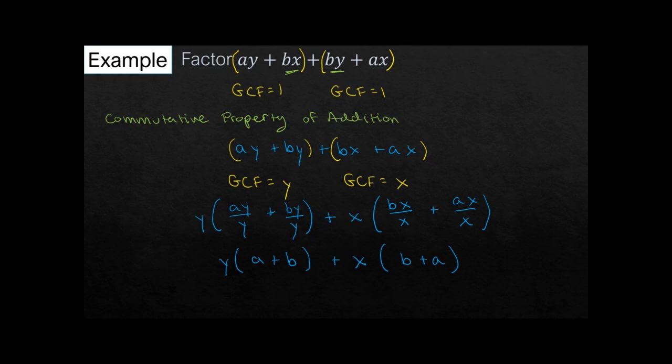Now, even though these don't exactly match, we have a plus b, b plus a, the commutative property of addition says that you can rearrange them. So they are the same. I can rewrite the b plus a as a plus b. So they do match. So now that we have those matching, we're going to do our last step of factoring, where what matches in parentheses is going to go in front.